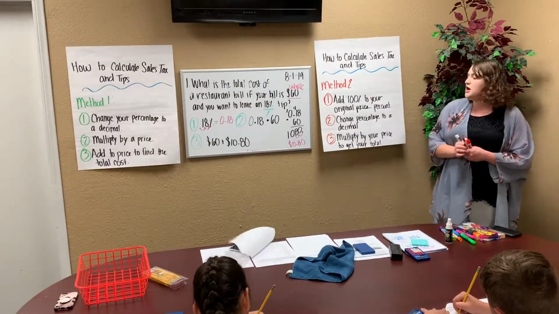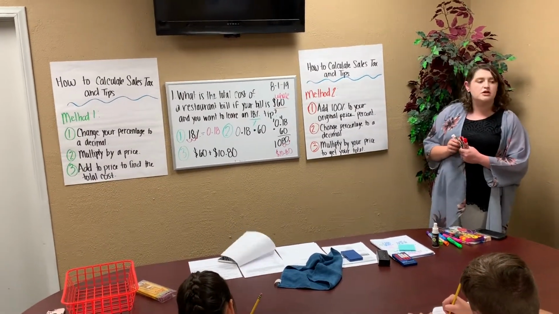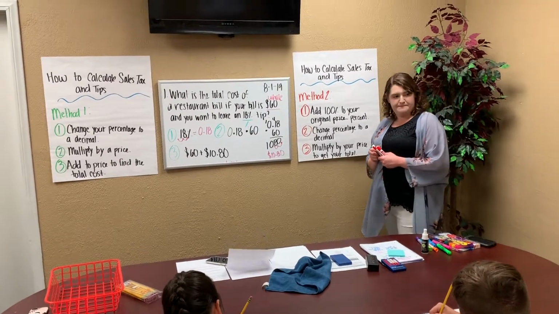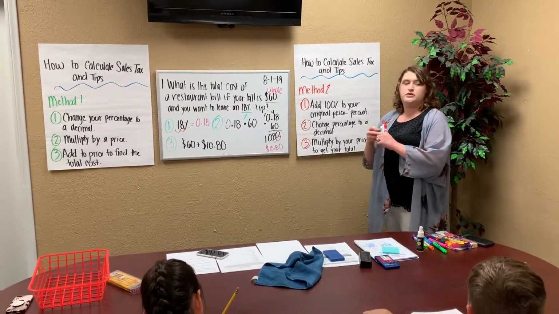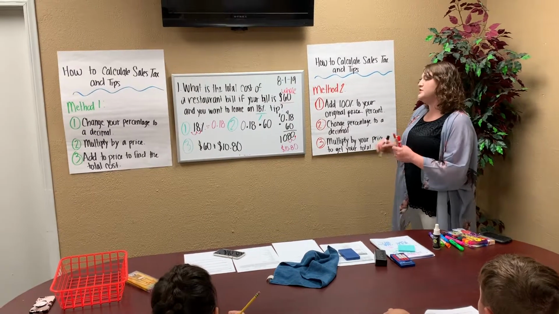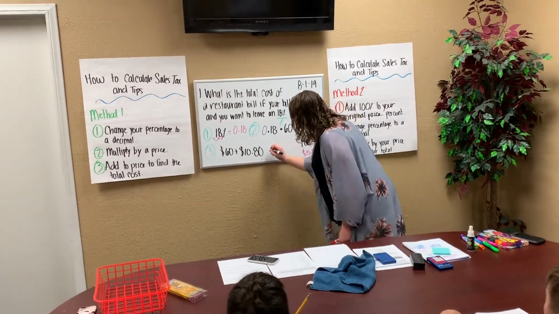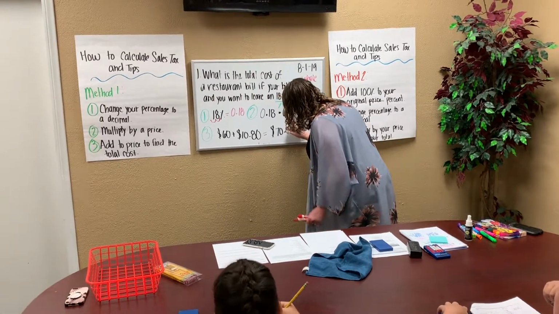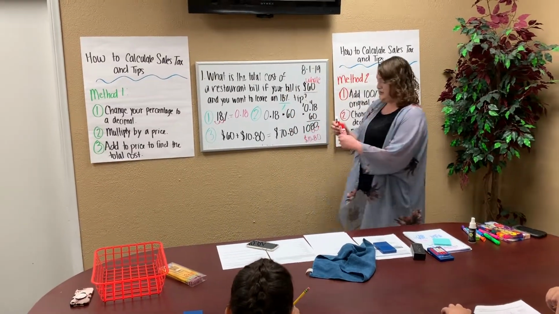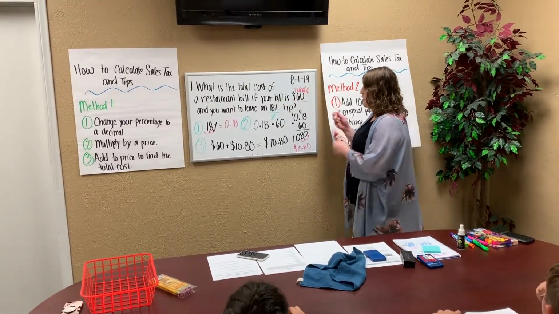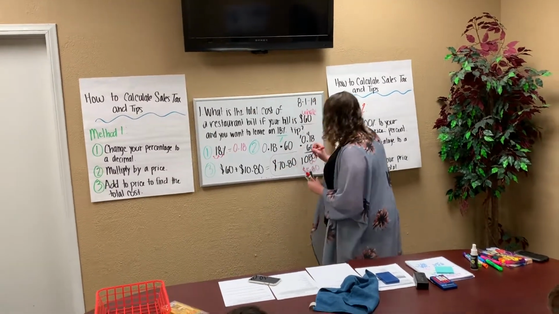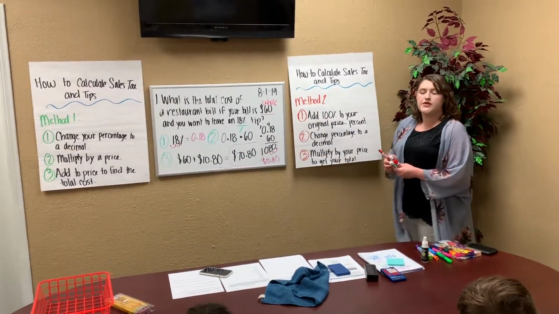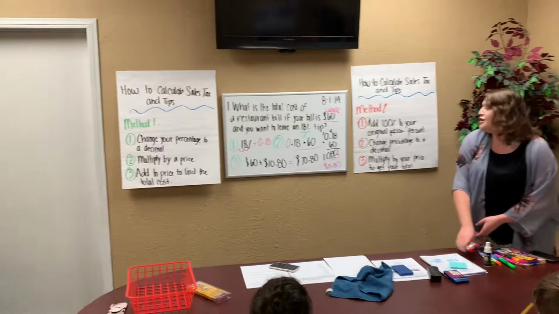So I have $60 plus $10.80. Okay, what's $60 plus $10.80? $70.80. That would be our final answer. Thumbs up if we got $70.80.